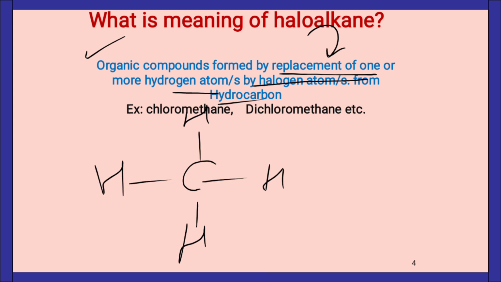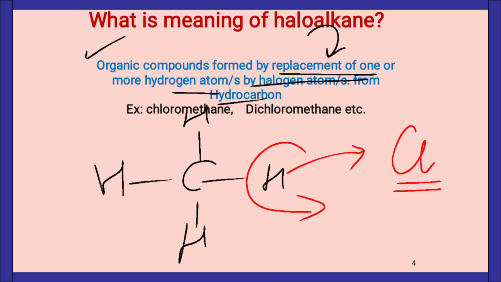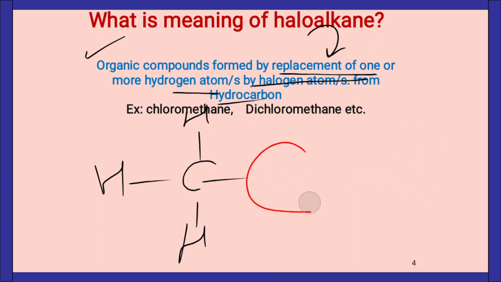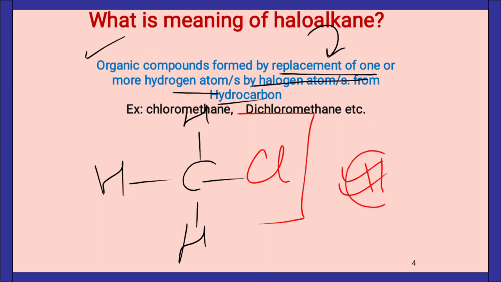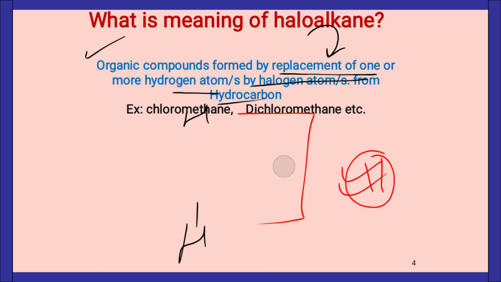So I will be removing this hydrogen from here and replacing this hydrogen by a chlorine or any of the halogen group. Right now I am removing it and moving the chlorine to this. So this structure would be chloromethane. Hope you have understood.